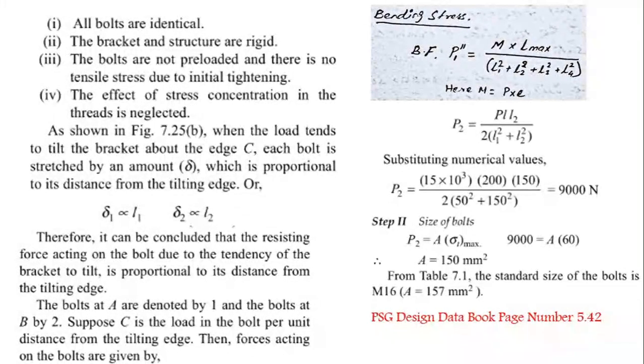Okay, as shown in figure B, when the load tends to tilt the bracket about the edge C, each bolt is stretched by an amount delta, which is proportional to its distance from the tilting edge. Delta 1 equals delta L; delta 1 is directly proportional to L1, delta 2 is directly proportional to L2.